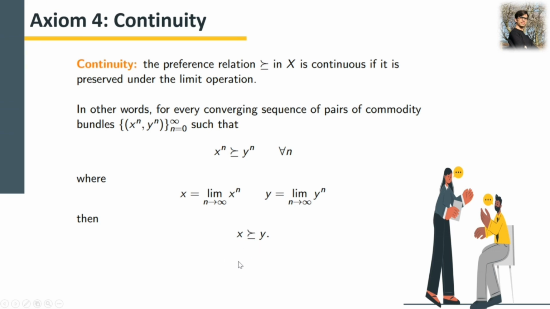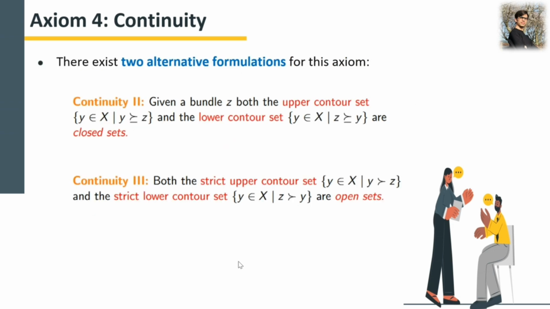Also, there are other ways to formulate this axiom. There are two other ways. The second way is, given a bundle Z, both the upper contour set, which is the set of y in X such that y is at least as good as Z, and the lower contour set, the set of y in X such that Z is at least as good as y, are closed sets.